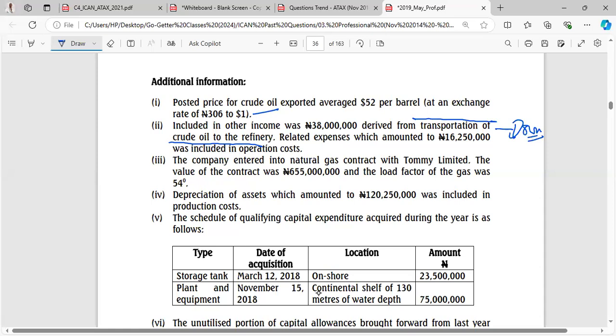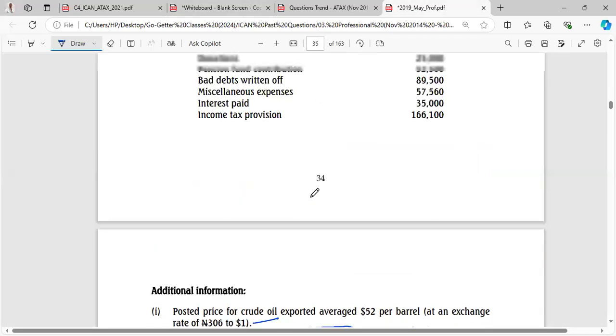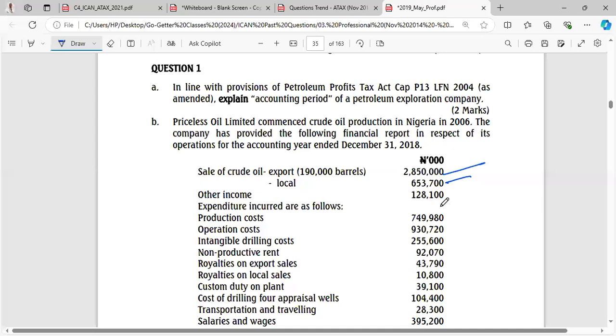So it means that this 38 million is not going to be included in the upstream activity. So what you will now do is, because the next thing here is other income, other income. We are going to 128,100. So other income now.